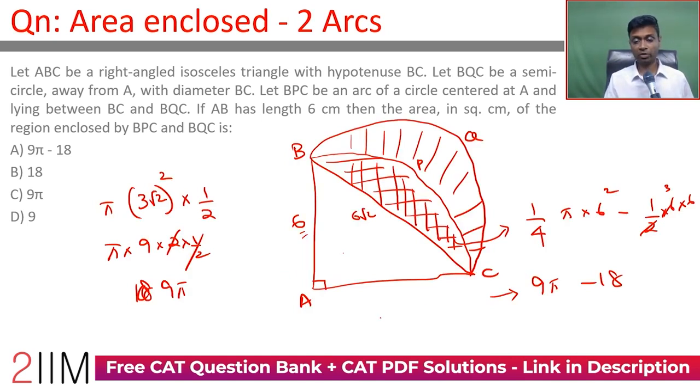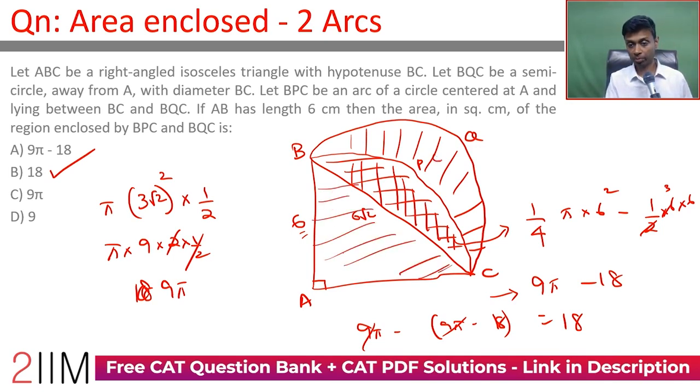From 9 pi, we subtract 9 pi minus 18. 9 pi minus 9 pi plus 18, which is 18 square units. Which is effectively area of this triangle. So this part is equal to area of this triangle.